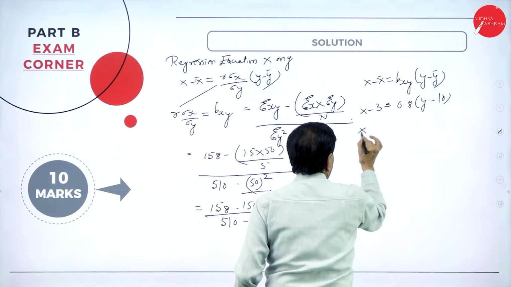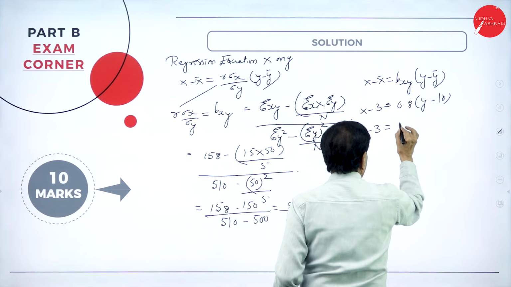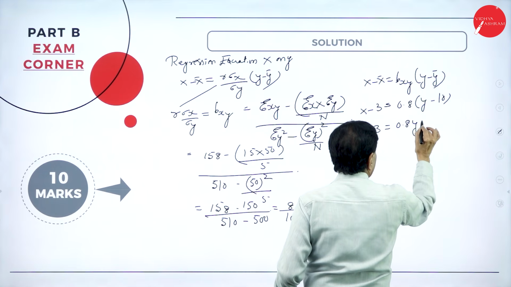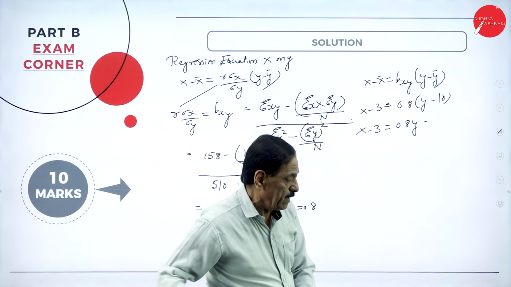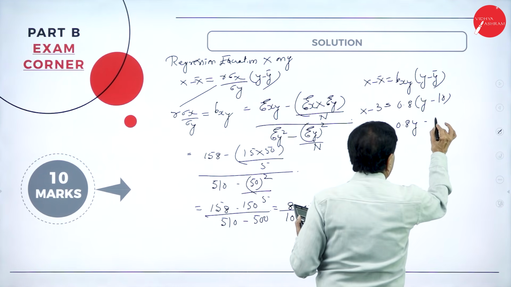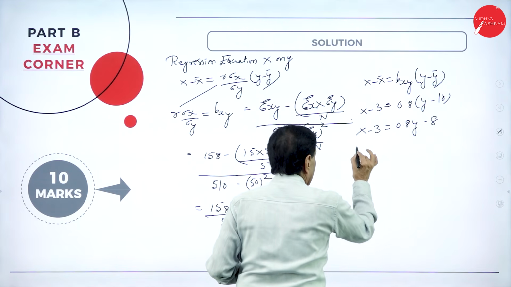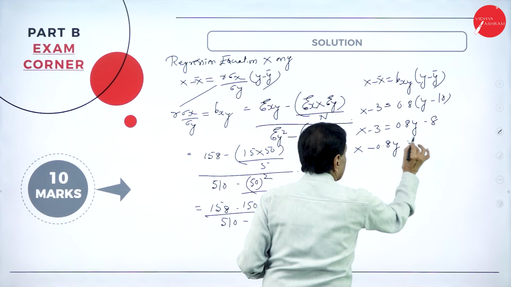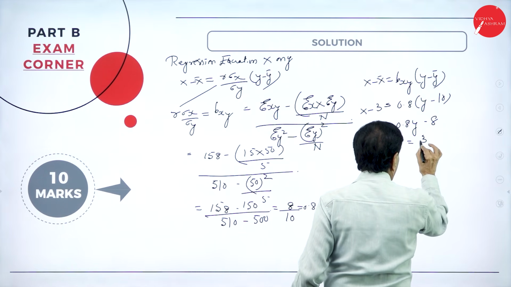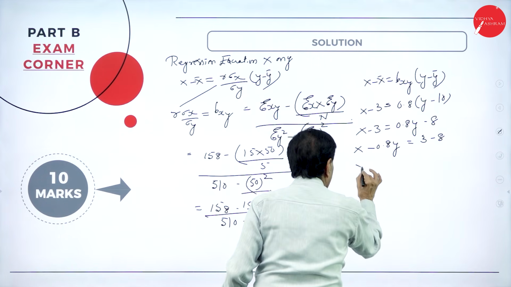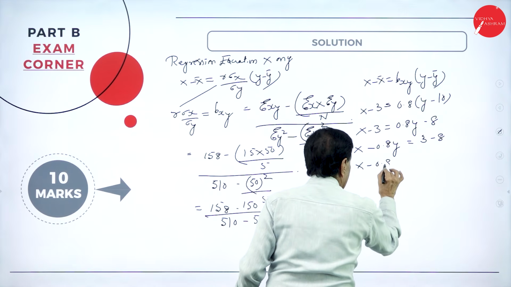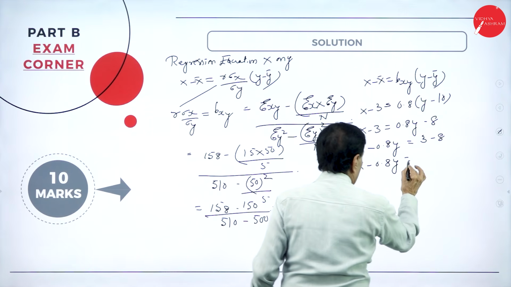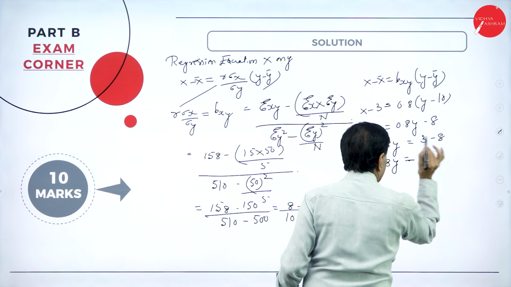Simplify. x minus 3 equals 0.8 into y minus 0.8 into 10, that is 8. You take the y here. x minus 0.8y, minus 3 becomes plus 3 minus 8. x minus 0.8y is equal to minus 5.